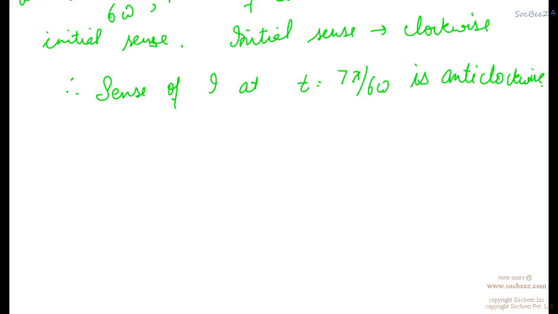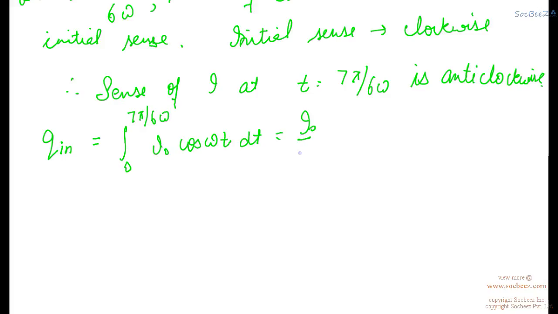Now if we solve it further, Q initial, that is Q at 7 pi by 6 omega, is integration from 0 to 7 pi by 6 omega of I0 cos omega t dt. This becomes I0 upon omega sin omega t from 0 to 7 pi by 6 omega.